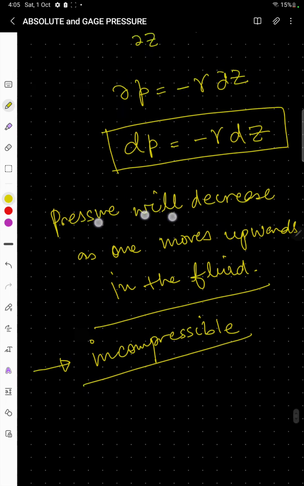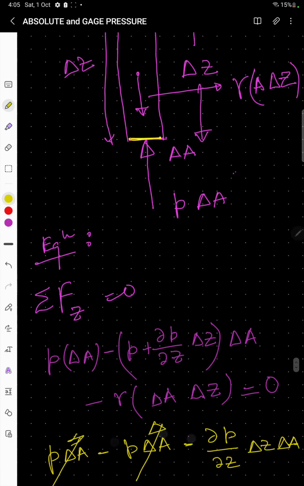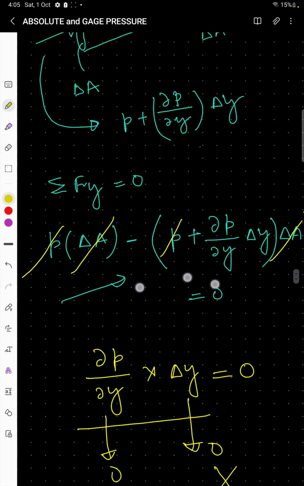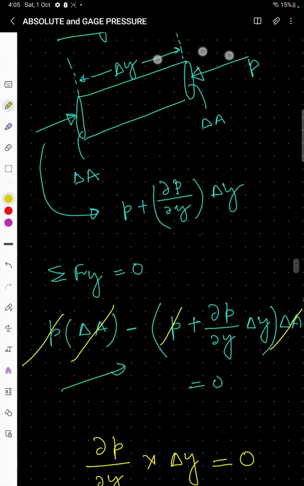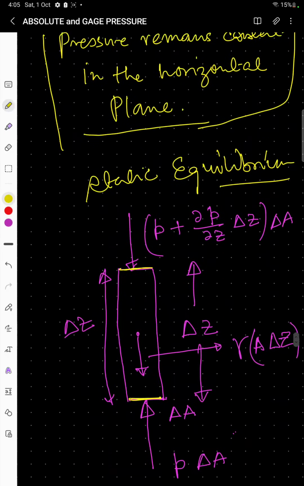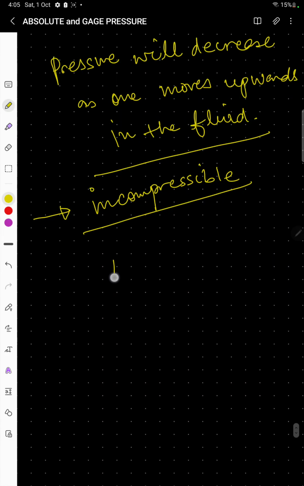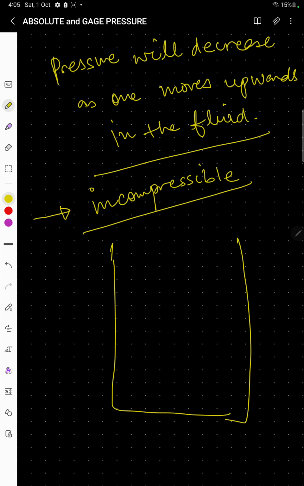Let's consider this point and this point.